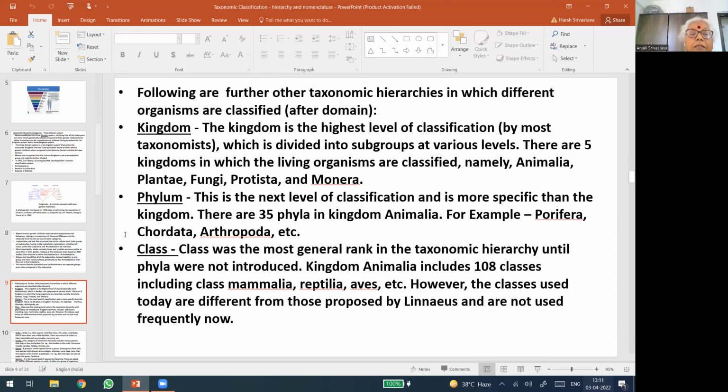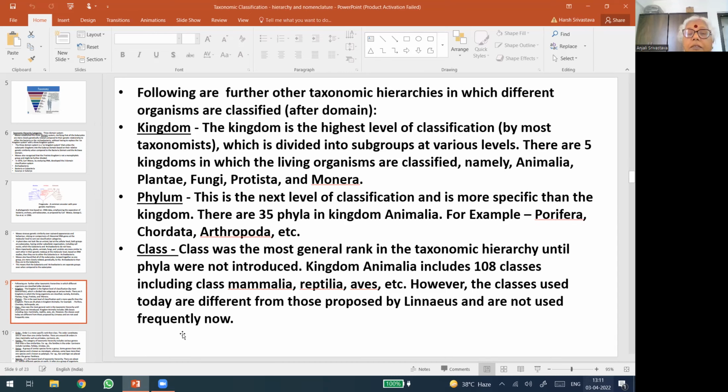Then the next level is the phylum, which is more specific than the kingdom. There are altogether 35 phyla recognized till now in Animalia specifically. There are different phyla starting from the phylum Protozoa in case of non-chordates, and so on. Then comes the class.